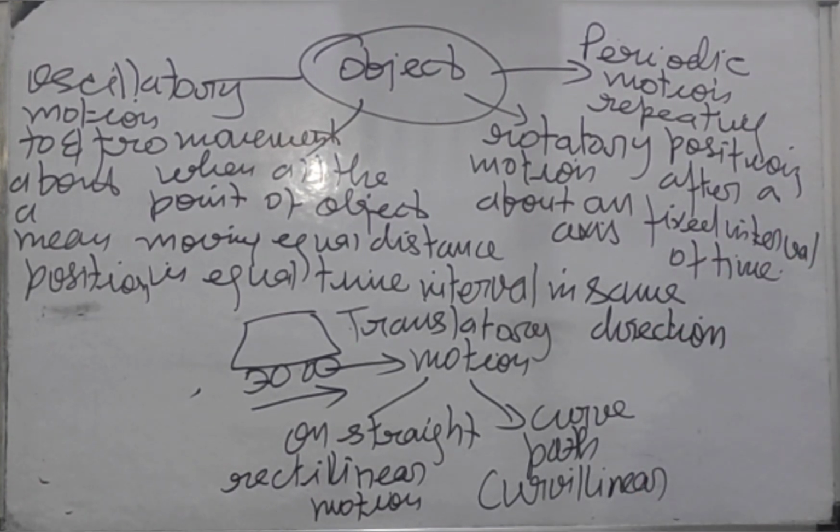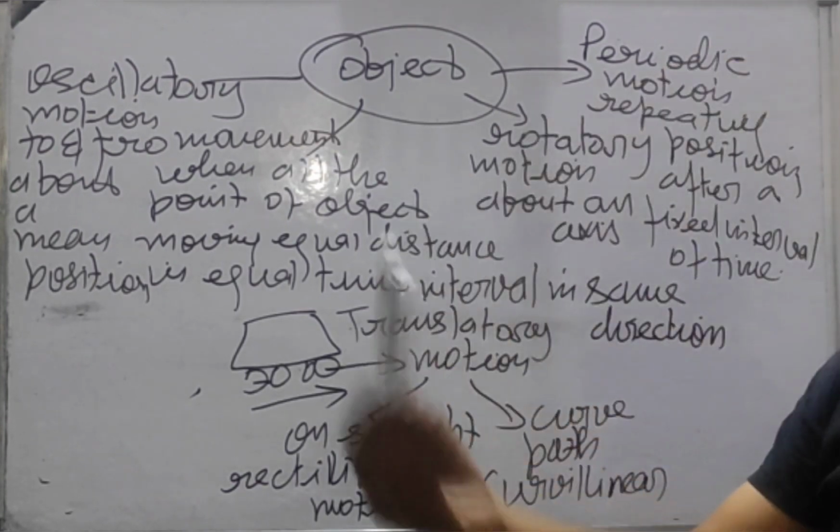Do all you understand? Periodic motion means repeating position after a fixed interval of time.